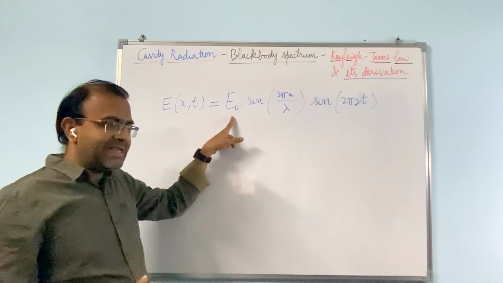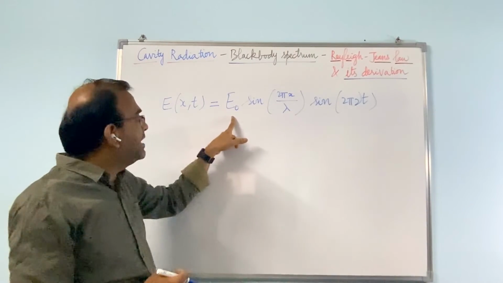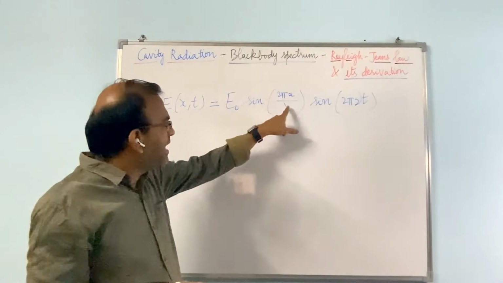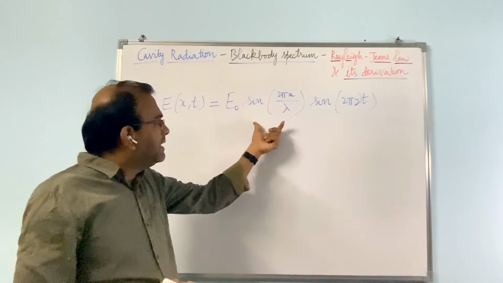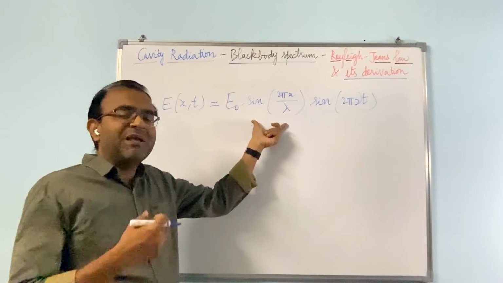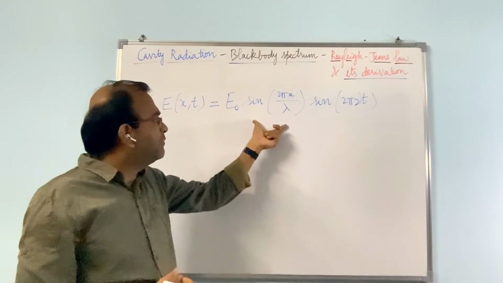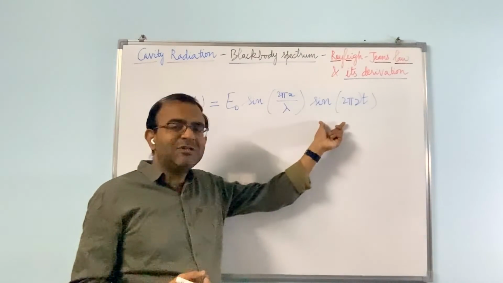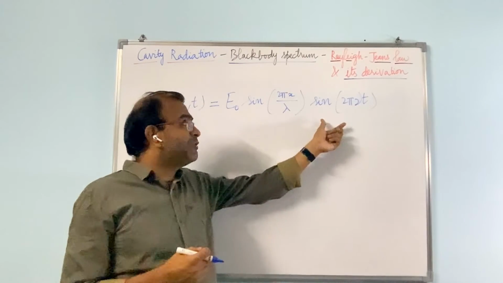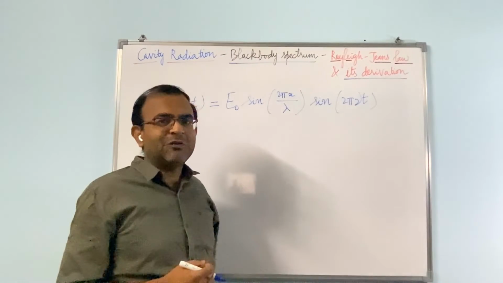E naught is the maximum amplitude of this electromagnetic wave. Sine 2 pi x over lambda captures the spatial variation of the electric field, and sine 2 pi nu t captures the temporal variation of the electric field.